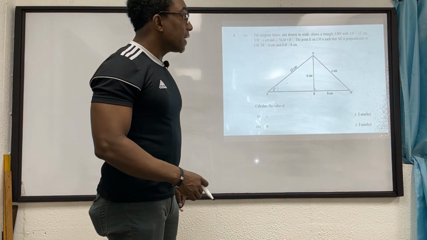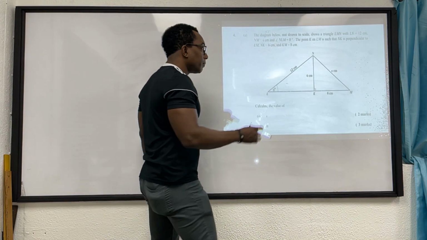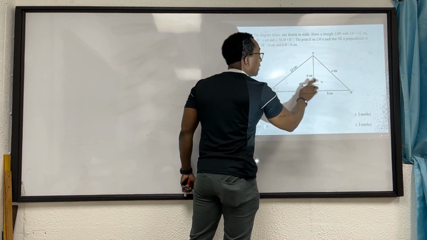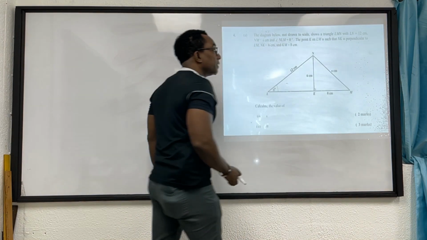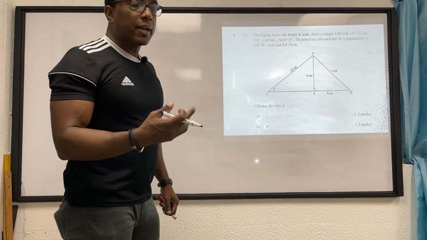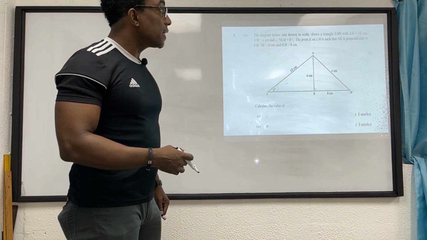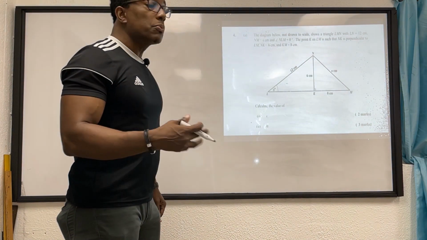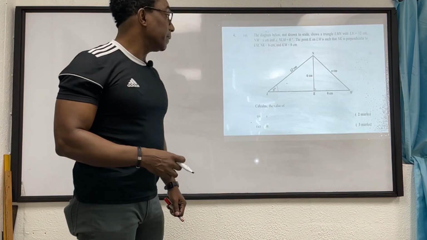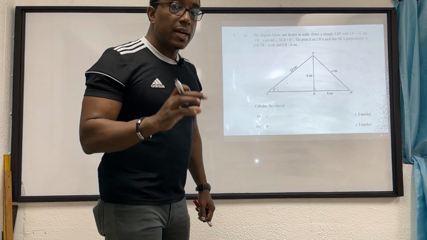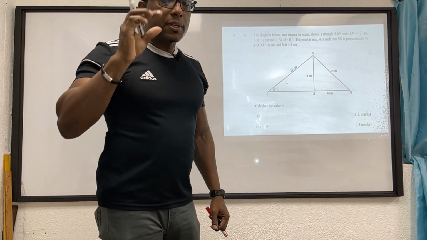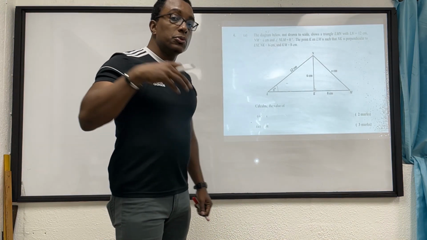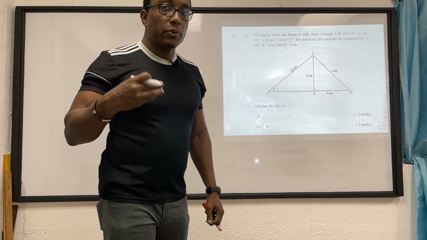And in that right angle triangle, what do we observe? We have information for two sides to help us determine the third side. And once we recognize when we have information for two sides to determine the third, this is where Pythagoras theorem will come into play. So once a right angle triangle is observed, two things must come to mind automatically: the use of Pythagoras theorem or trig ratios.